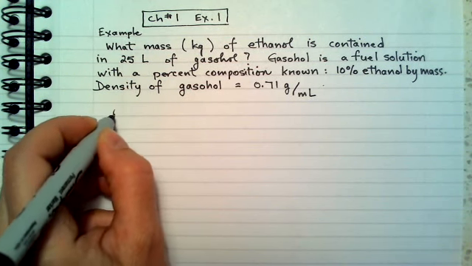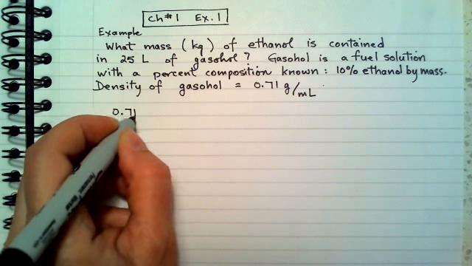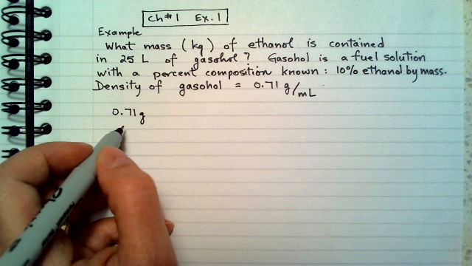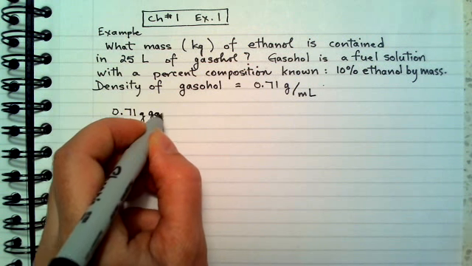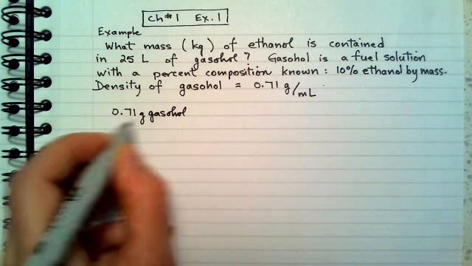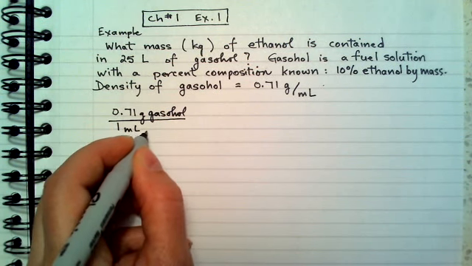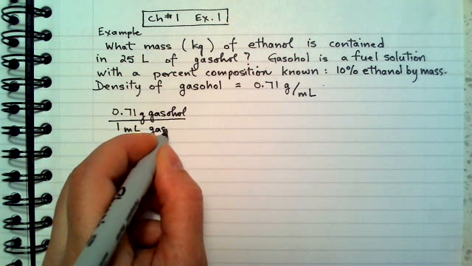We'll write it with an expanded unit. So 0.71 grams of gasohol, and that occupies a volume of 1 mL of gasohol.